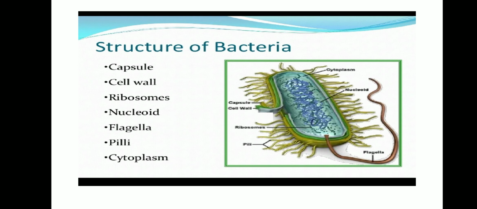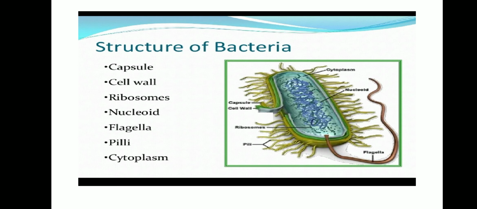And next, bacteria are classified based on the number and arrangement of flagella. What are they? Atrichous, Monotrichous, Cephalotrichous, Amphitrichous, Peritrichous, and Lophotrichous.